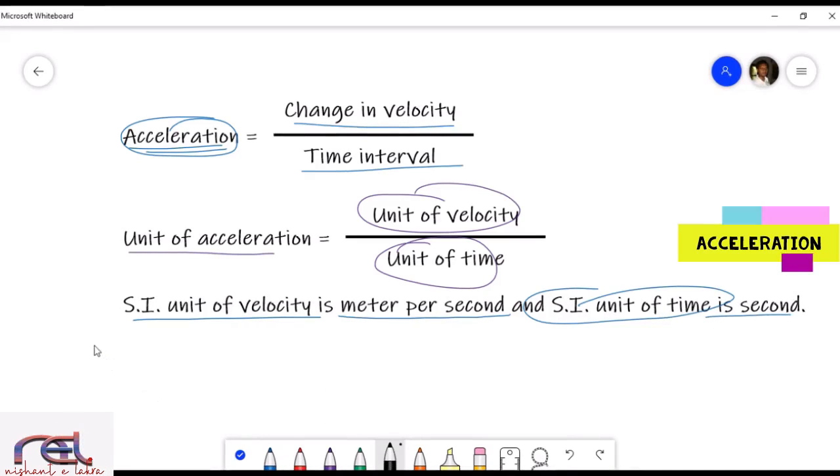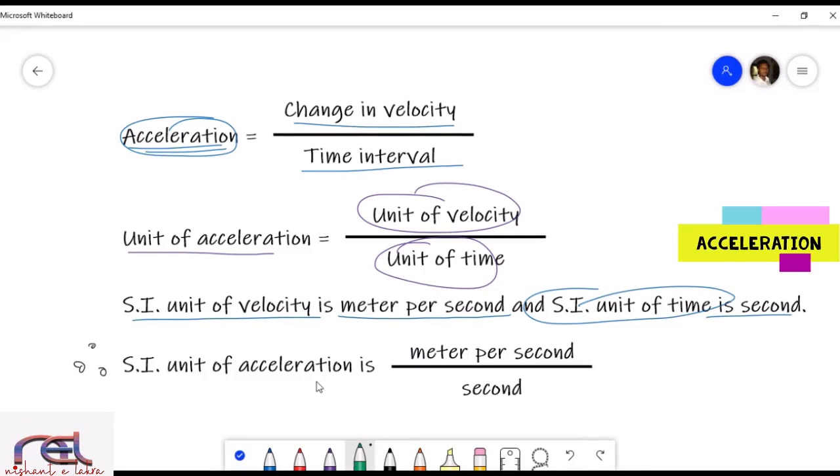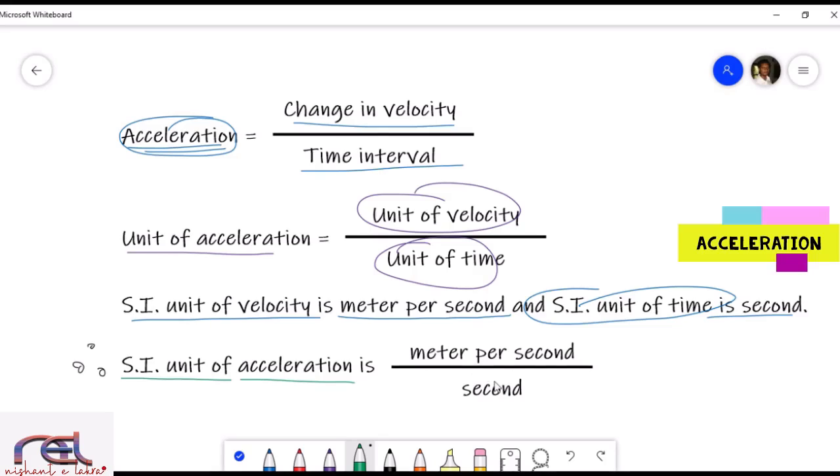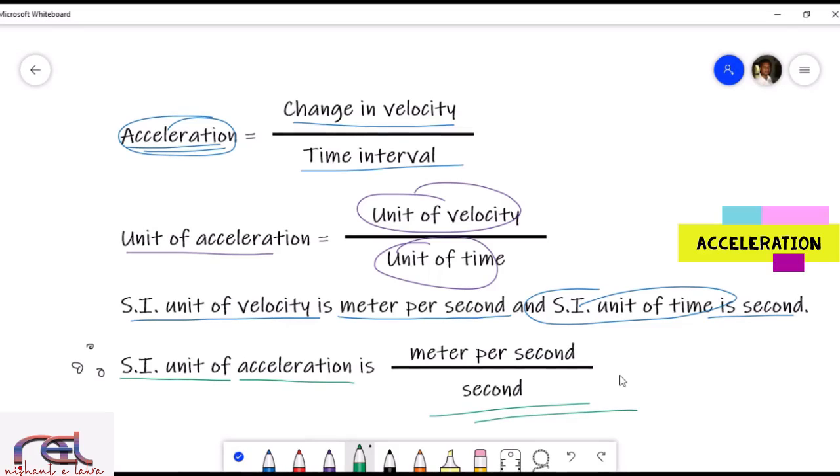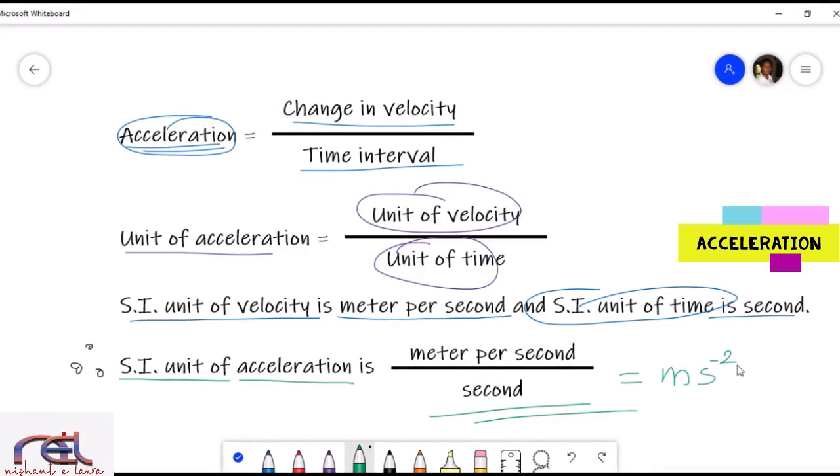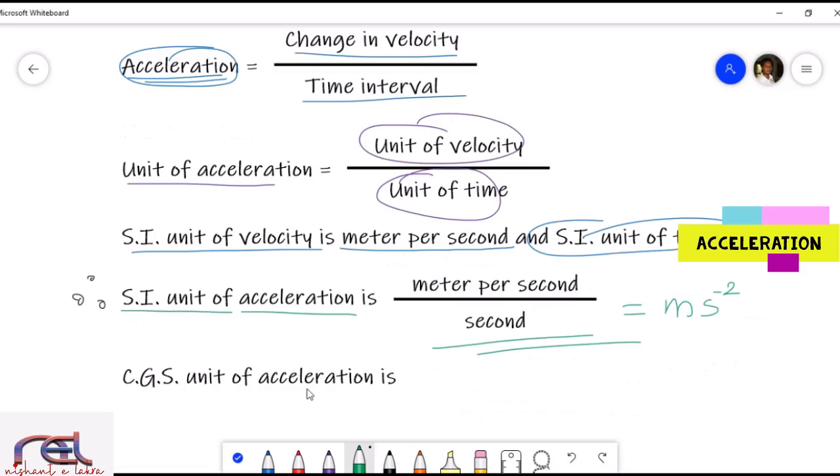So the SI unit of acceleration is meter per second, the unit of velocity, divided by second, the unit of time. We write this ratio as meter second to the power minus 2, m s^-2. That is how we represent the unit of acceleration.